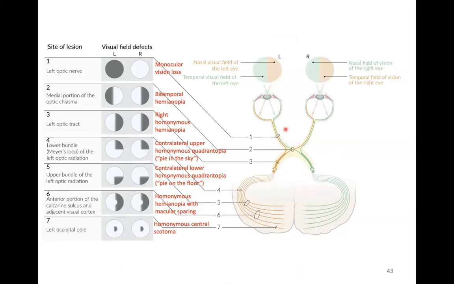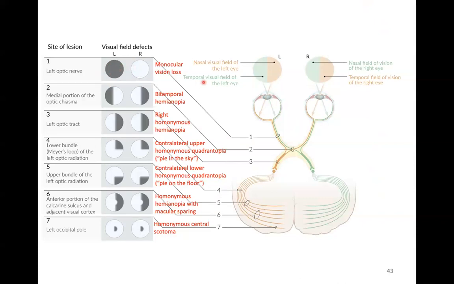Every part of the visual field that you're receiving from your left eye, whether from the right or from the left, has been cut off completely. So your left eye is visionless, essentially. You would not be able to see anything from the left eye. This is called monocular vision loss from a single eye.